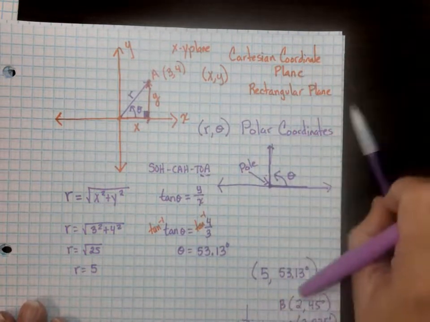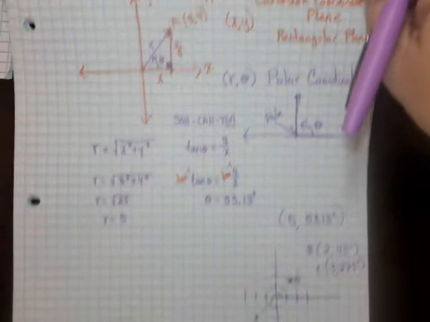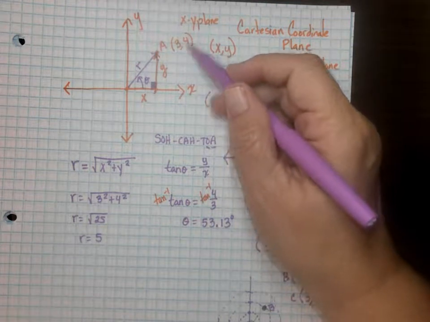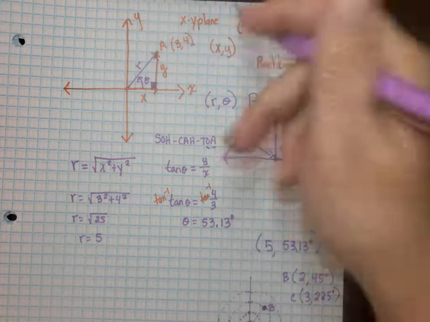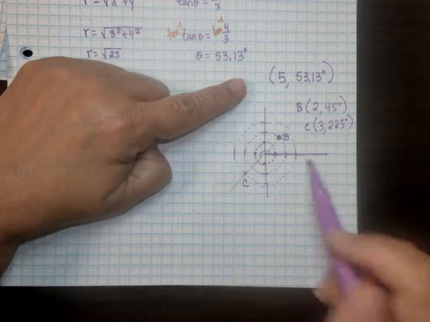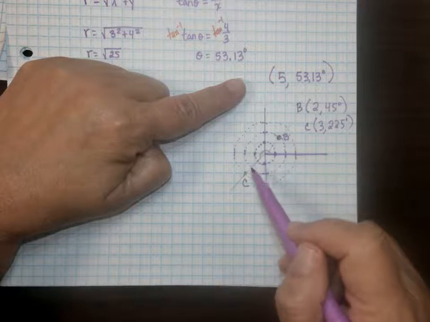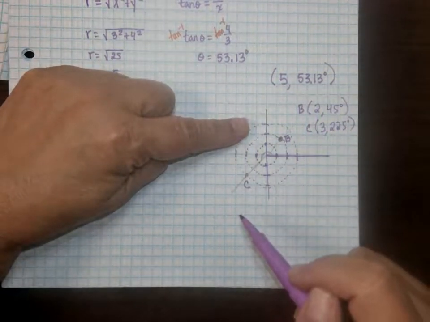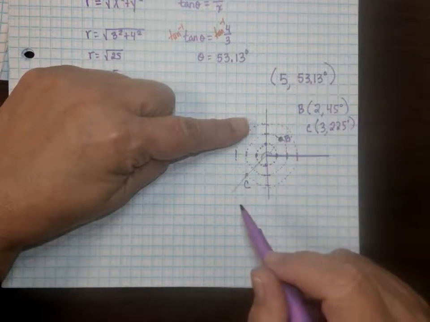I mean, you could get creative with how to say 3 and 4, like 4 minus 1, because that's 3, and 5 minus 1, but it's at (3, 4). But because angles go around and around in a circle, I have more than one way to say where point B is. Point B is at (2, 45 degrees).